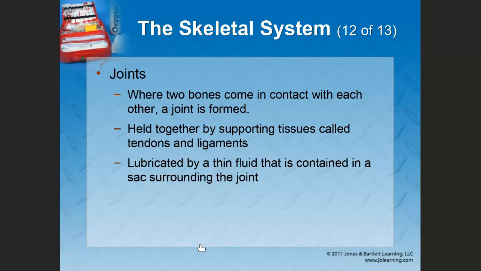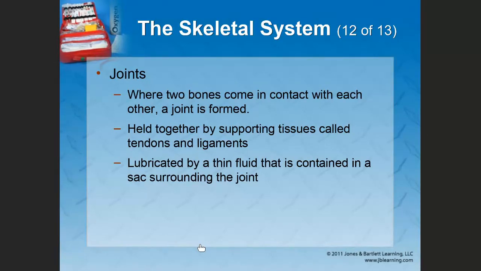It's either a joint that has free movement, like the shoulder joint, or it is a joint that has limited motion, like the elbow joint, which is a hinge joint, or it is a joint that has no motion, and that would be like the fibrous joint in the pelvis or joints in the skull.